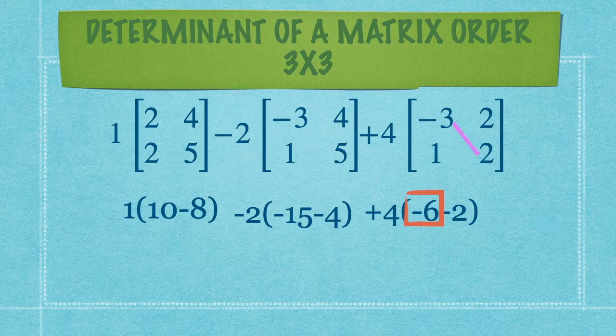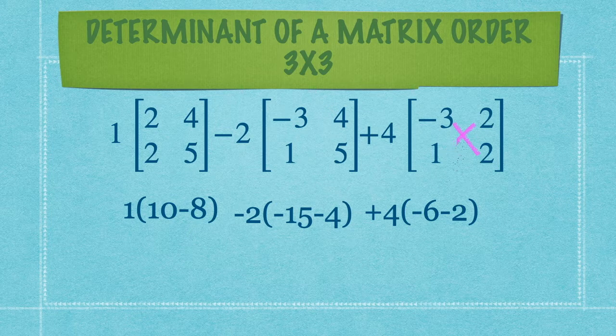Then we multiply the 1 times 2, so that gives us 2.